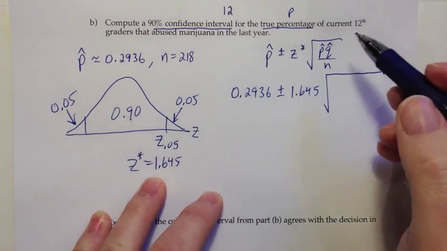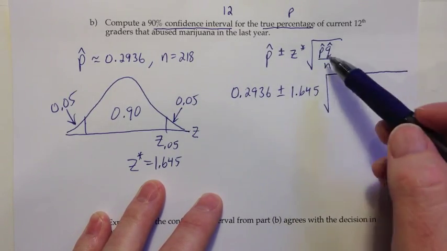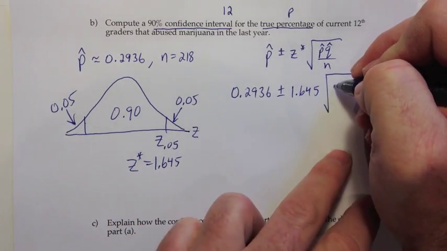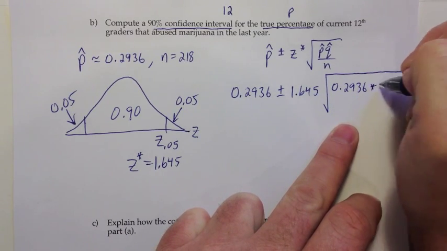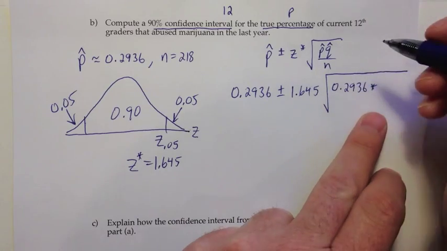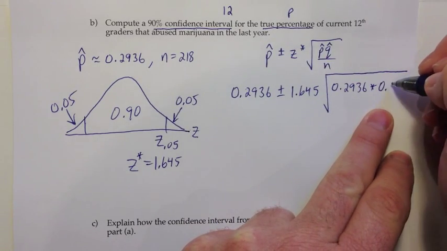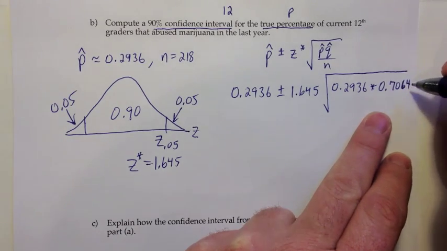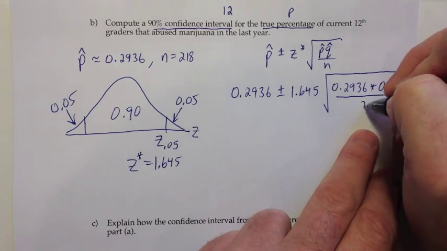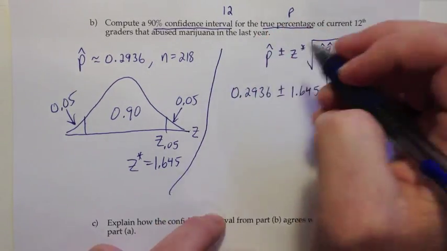When we're doing confidence intervals, we don't use a claim value because theoretically there wouldn't be a claim value around, so we just use the sample value, 0.2936, and then we do q hat times that, which would be 1 minus this number, so that would be 0.7064 if we subtract from 1, and then divided by our sample size of 218.